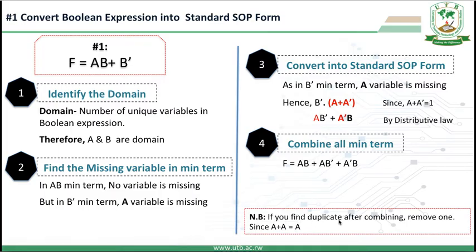If you find duplicates after combining, remove one, since A plus A equals A. So if you find AB plus AB plus AB many times, you can replace it with a single AB, or if you find AB complement many times, you can replace it with a single AB complement, according to Boolean algebra. So this was how to convert into the standard SOP, or we can say canonical SOP form.